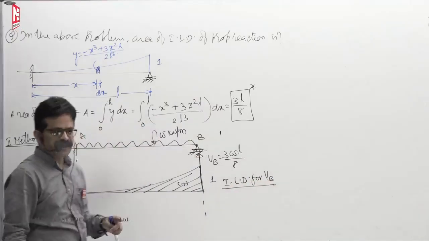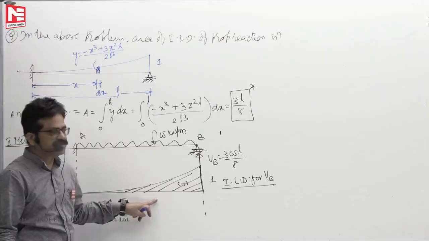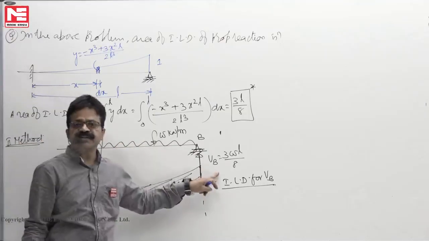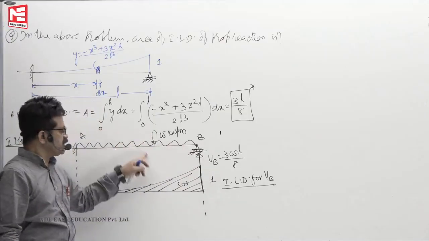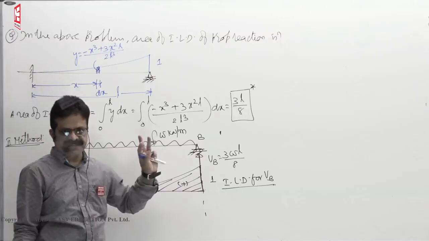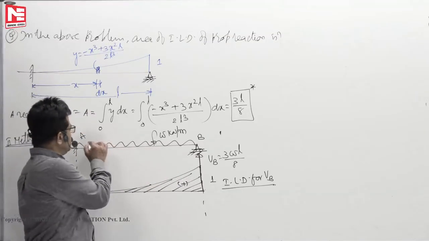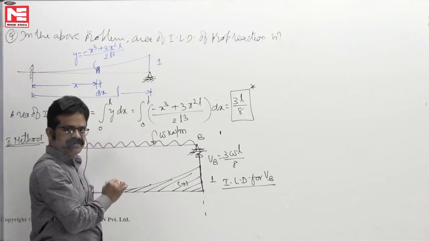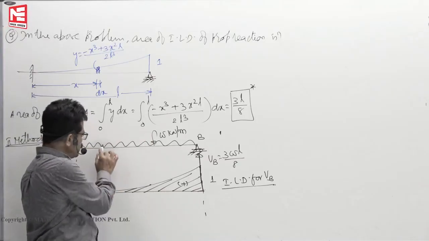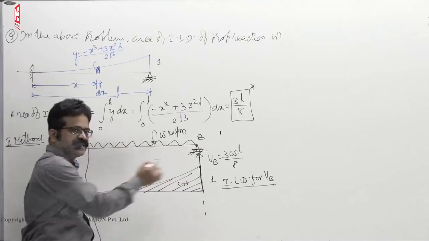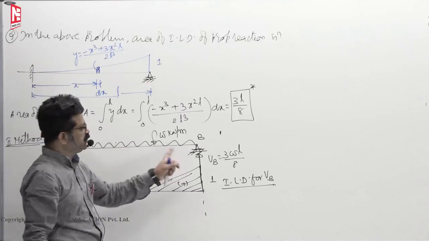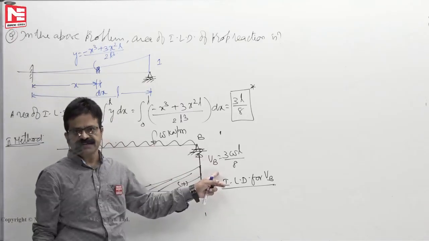In all the earlier problems, we know the area, we know the load, we don't know the reaction. So intensity into area of ILD is the reaction. Whether it is a point load or UDL, UDL means an infinite number of point loads. So an infinite number of point loads means I can write it as intensity into area. So intensity into area is equal to reaction.